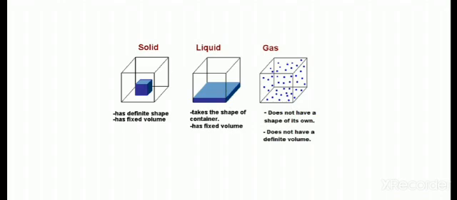The second state of substance is liquid. Examples of liquids are water, spirit, and oil. So students, liquids do not have a shape of their own. A liquid takes the shape of the container, but it has a specific volume and occupies a definite portion of the container.